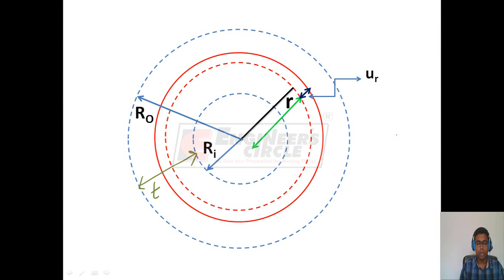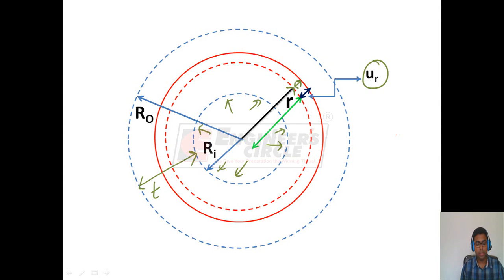If we consider any element at a distance r, the element shown by this red dotted line, it will also displace by some radial displacement. Let the radial displacement at r equal to small r be ur.